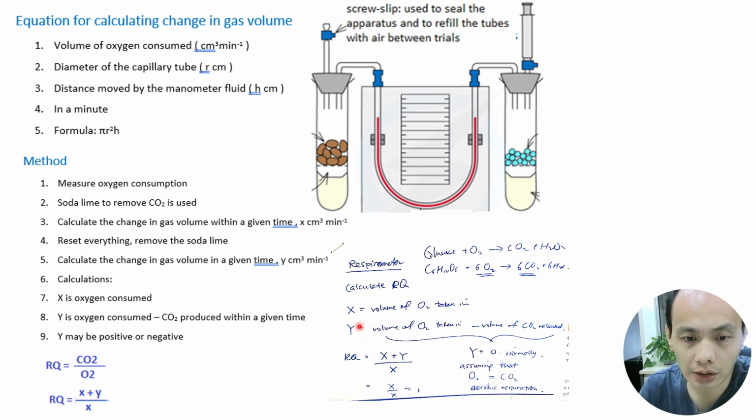RQ equals X plus Y divided by X. X is the volume of oxygen taken in. Y is the volume of oxygen taken in minus the volume of carbon dioxide released. A lot of people don't understand this formula. We assume Y is 0. Y is 0 means what?